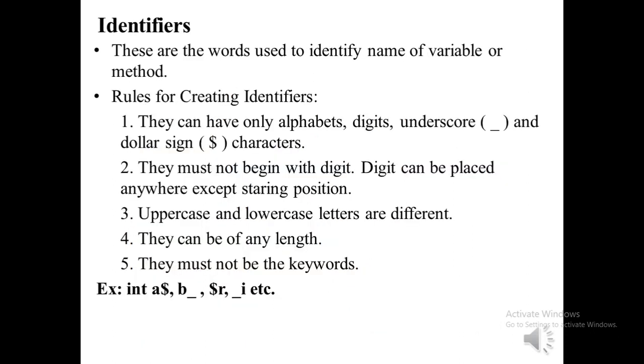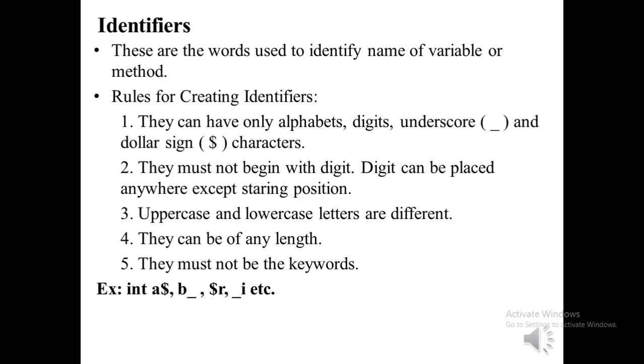The next one is identifiers. Identifiers are the words which are used to identify the name of a variable or method. We have to follow some rules for creating identifiers. They can only have alphabets, digits, underscore and $ sign characters. They must not begin with a digit. A digit can be placed anywhere except the starting position.